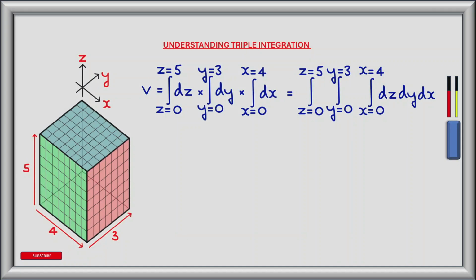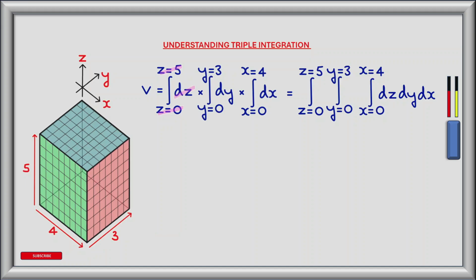The total volume is given by these three integrals. There are a number of different ways of writing it, and I've shown two ways of doing this on the board. The outer integral is the height component, and it's from z equals 0, the origin, to z equals 5, so 5 units along the z-axis, and we're integrating dz.